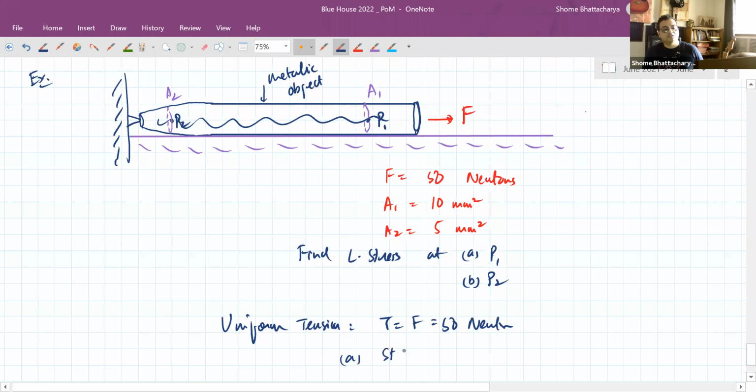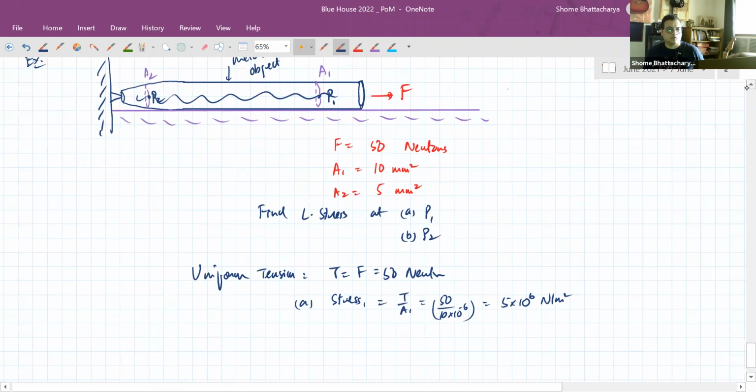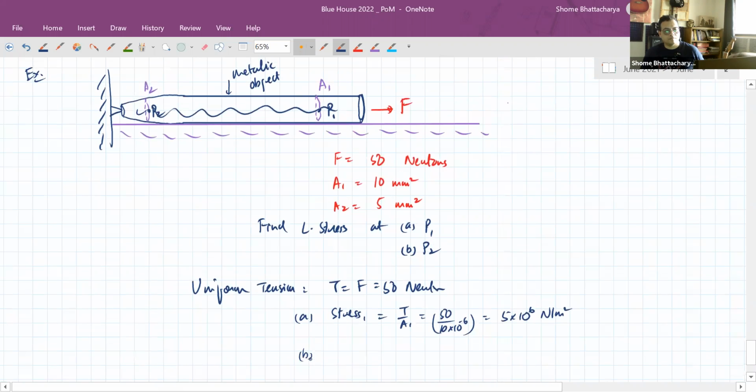But stress at point 1, you can see that, okay, this is double of this.